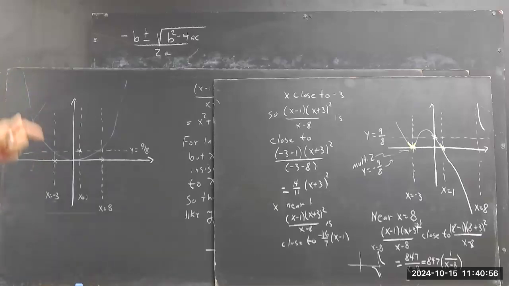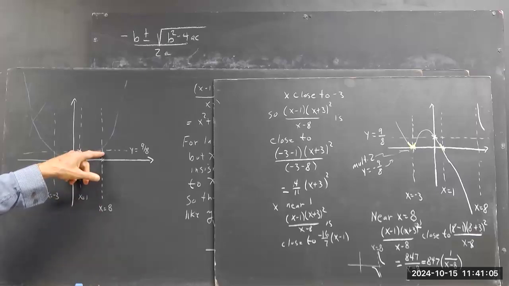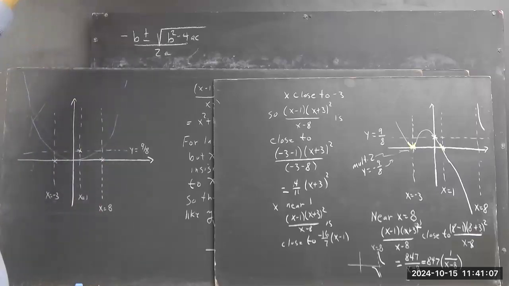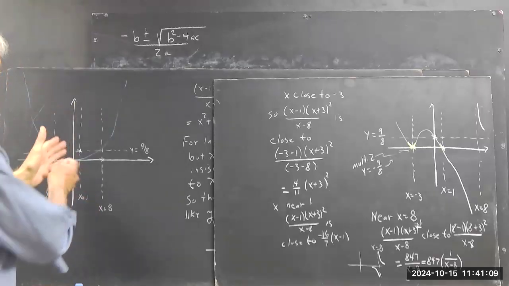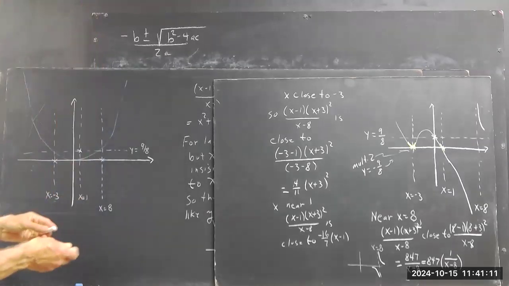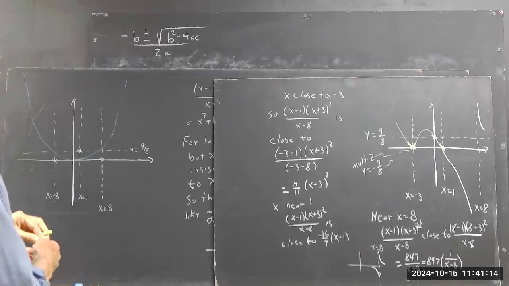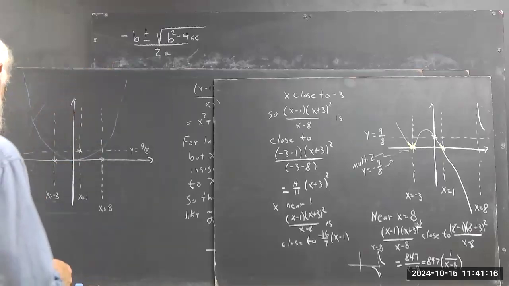Now the scale isn't quite right, so probably the parabola would be much steeper. We're just kind of getting a schematic here. Like when x equals 8, this parabola would be up at 64, which would be up to the ceiling someplace. So it's a much steeper parabola. Still, you get the idea: overall it's a parabola.